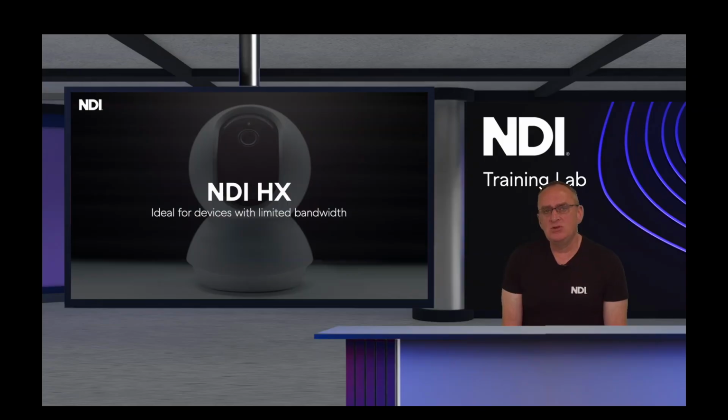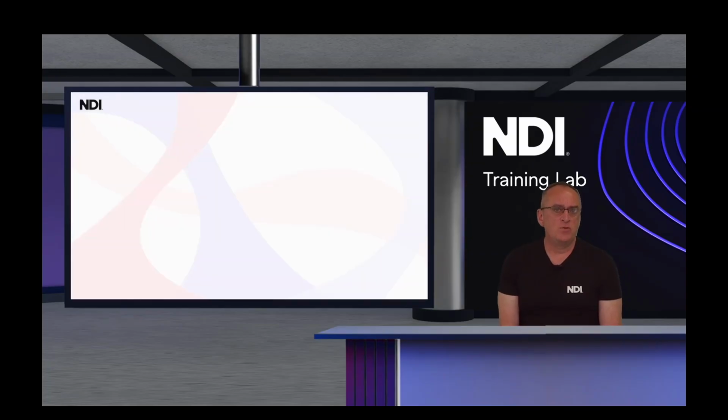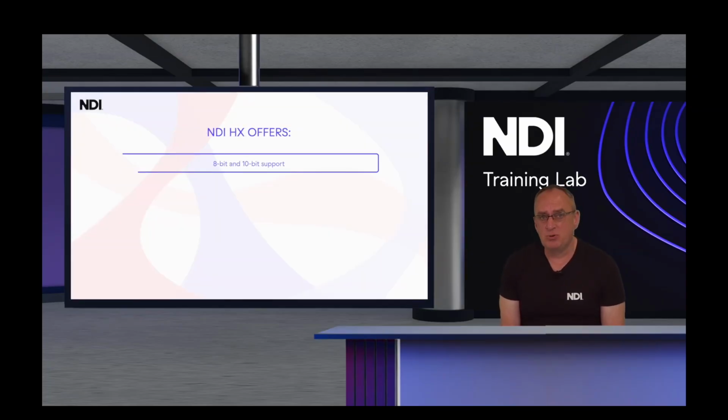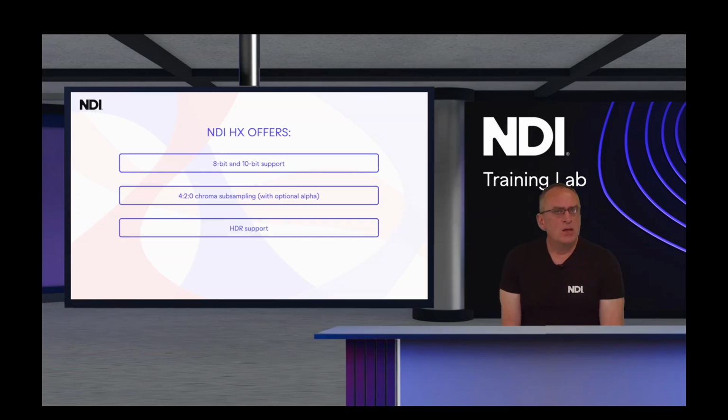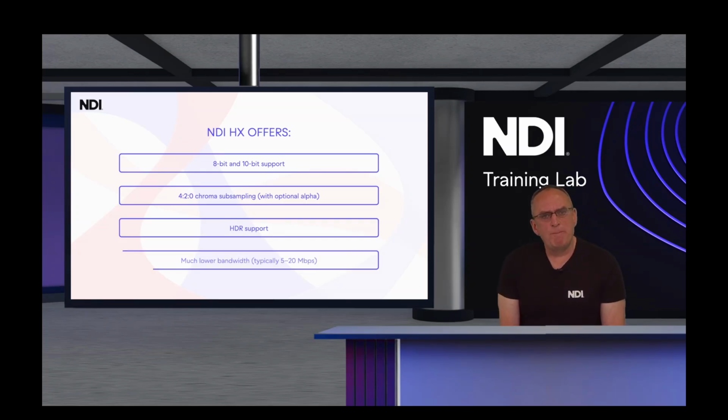Depending on the hardware, it uses standard video codecs like H.264 or H.265 and offers 8-bit and 10-bit support, 420 chroma subsampling with optional alpha, as well as HDR support. It also provides much lower bandwidth, typically 5 to 20 megabits per second, and is fully compatible with the rest of the NDI ecosystem. Receivers automatically adapt to the stream.